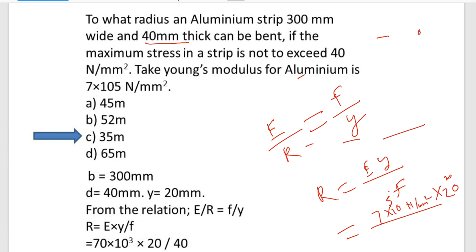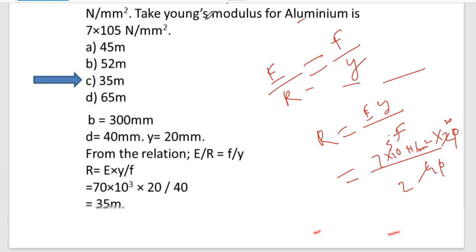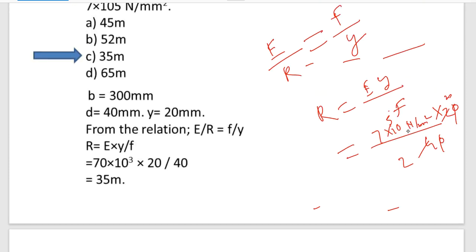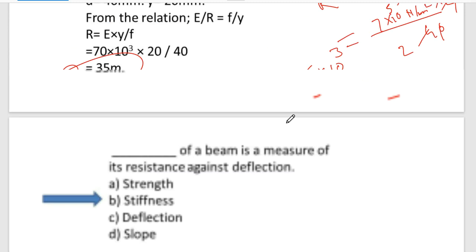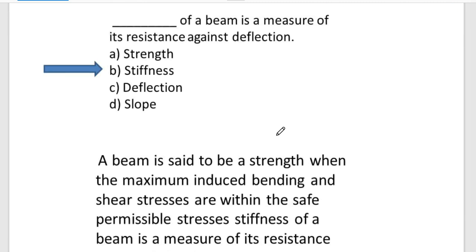The value of F is given as 40. So the 40 and 20 cancel out, two twos are 4, and ultimately 2 into 70 results in 35, coming in meters: 35 meter. Option C is correct.